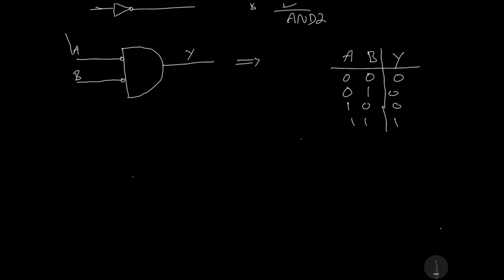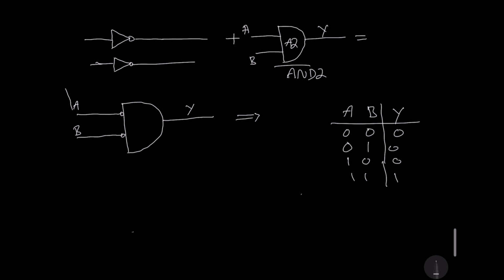This is a truth table for AND2. So the output is only high when both inputs are high. But this is a totally different logic gate, and we will talk about how we know what logic gate that is. We will know from the expression in two ways. One will be De Morgan's theorem, and the other is we have to physically see where the inverter is being used.